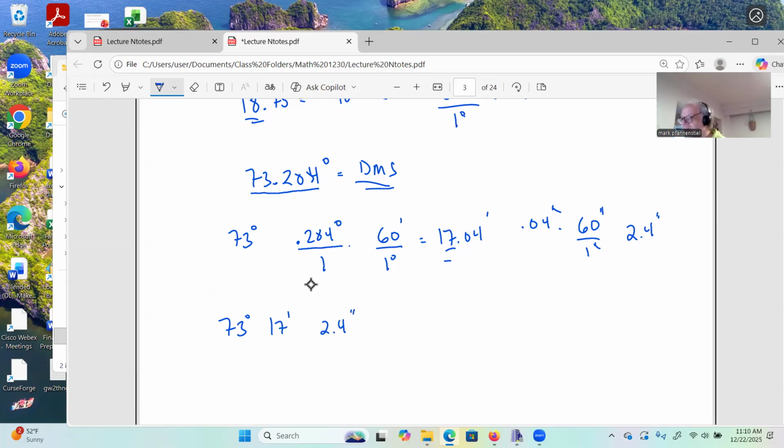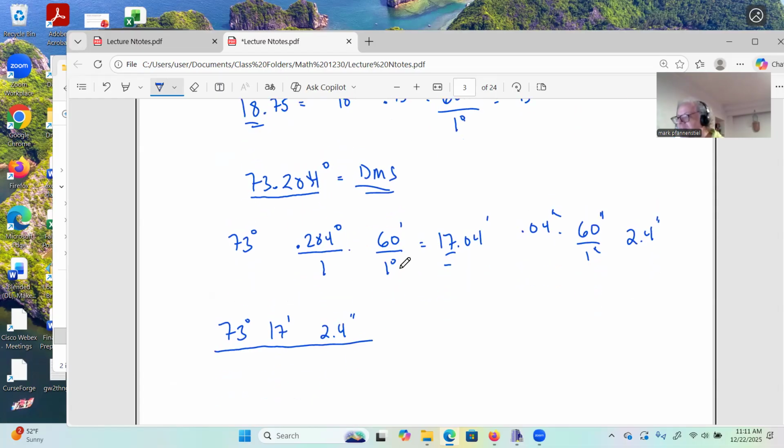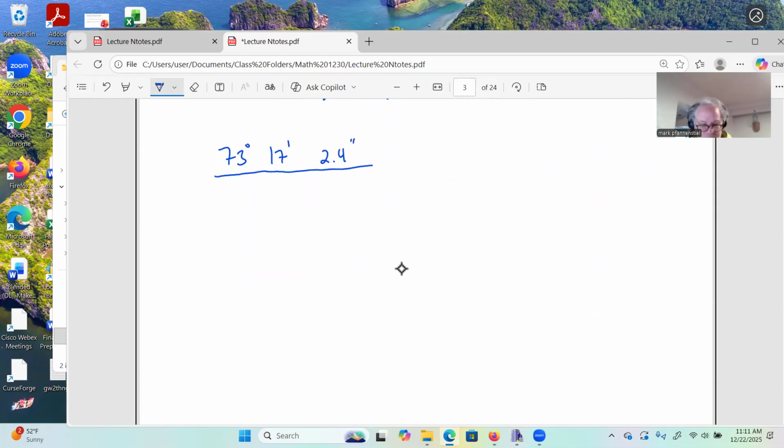There's not a whole lot we can do with the decimal in the seconds except to express it. So we're stuck with decimals in seconds. There's nothing else we can do with that. That's how you convert from degrees to degrees, minutes, seconds. You cut out the degrees part, you work with the decimal part, turn that into minutes. If you have any more decimals left over, you turn those decimals into seconds. So practice a couple of those.